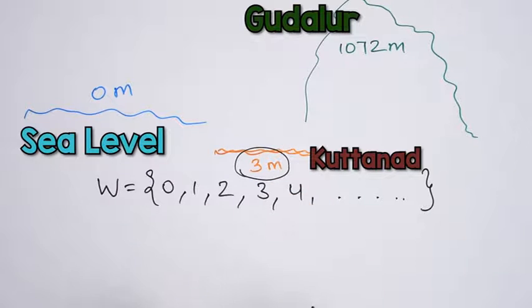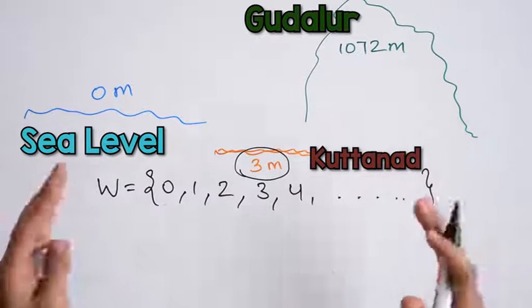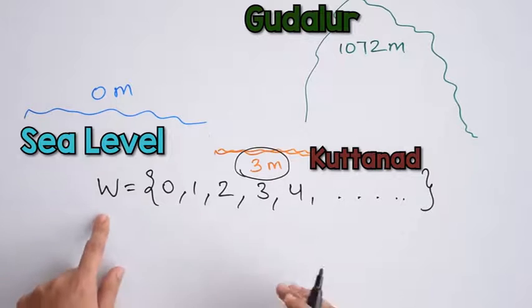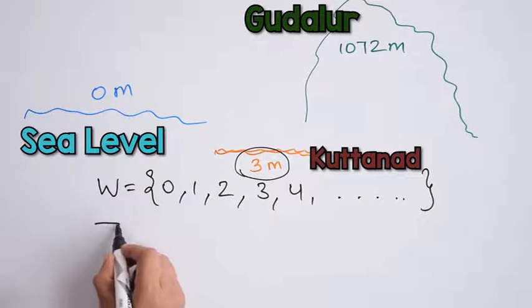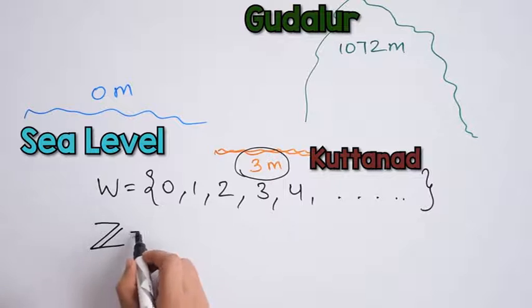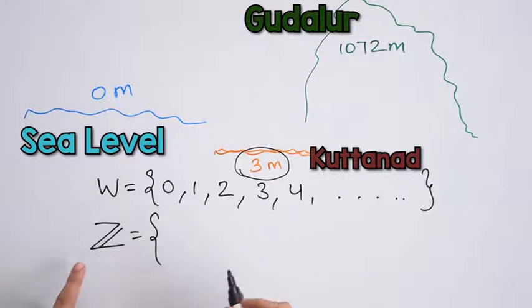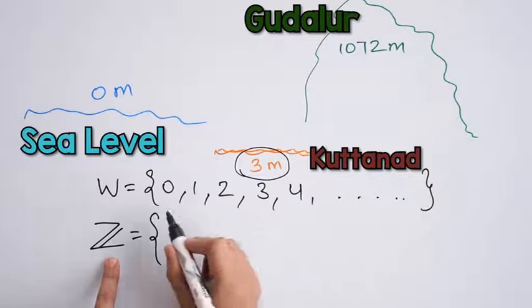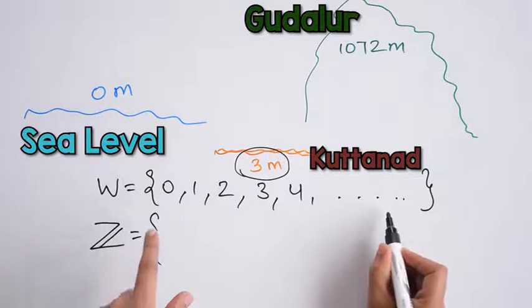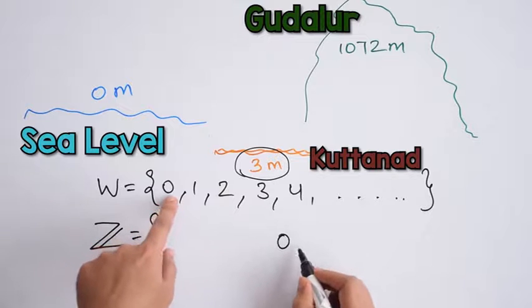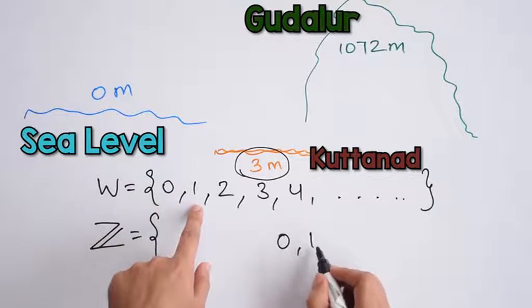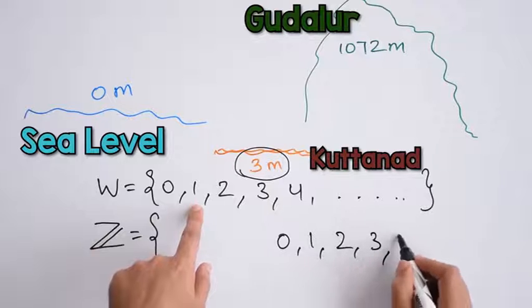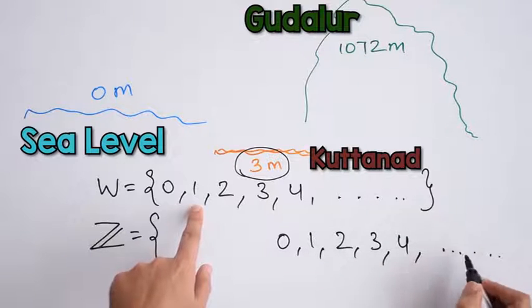For this, we need to invent a bigger set than the whole numbers, and that is the integer set, that is represented by Z. Z is Zahlen in German. So this has all the numbers in the whole numbers. Let's start with 0 here. Let me write from the middle: 0, 1, 2, 3, 4, and so on.